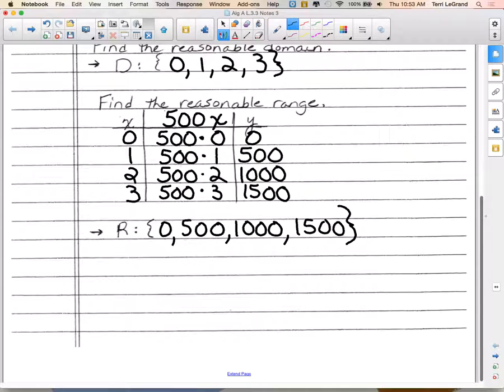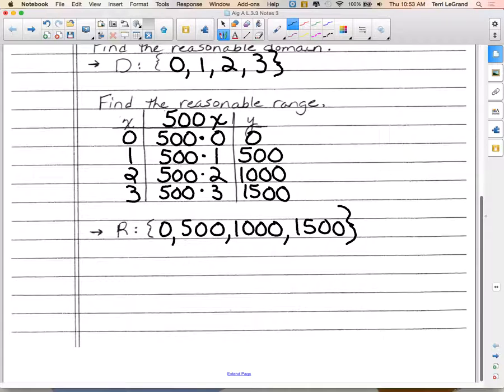Maisie, what's another one? 2, 1,000. Ordered pair 2, 1,000. Seth, what's another one? We've already talked about 1, 500, 2, 1,000, and we said there were 4 altogether.